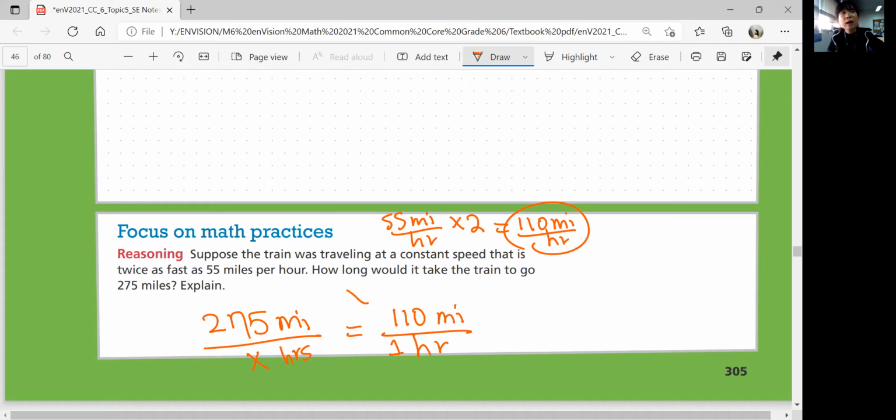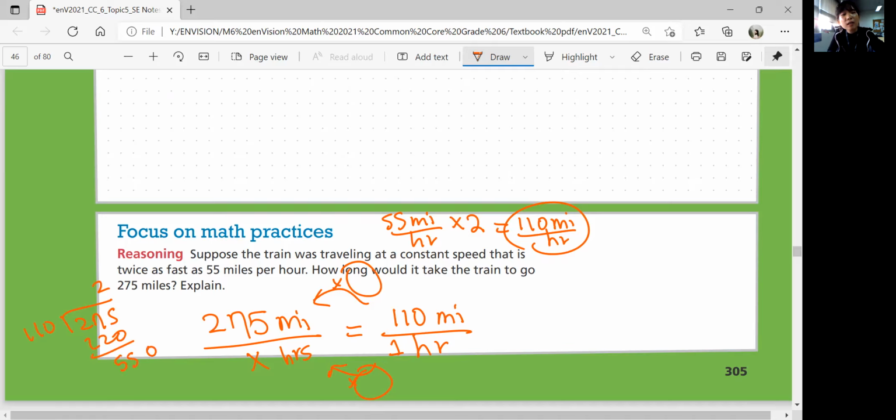So you want to divide 275 by 110 in order to get the factor that you're multiplying by so that you can get the answer, right? So then you're going to have 2 times 110 is 220. Then you have 55, 0.